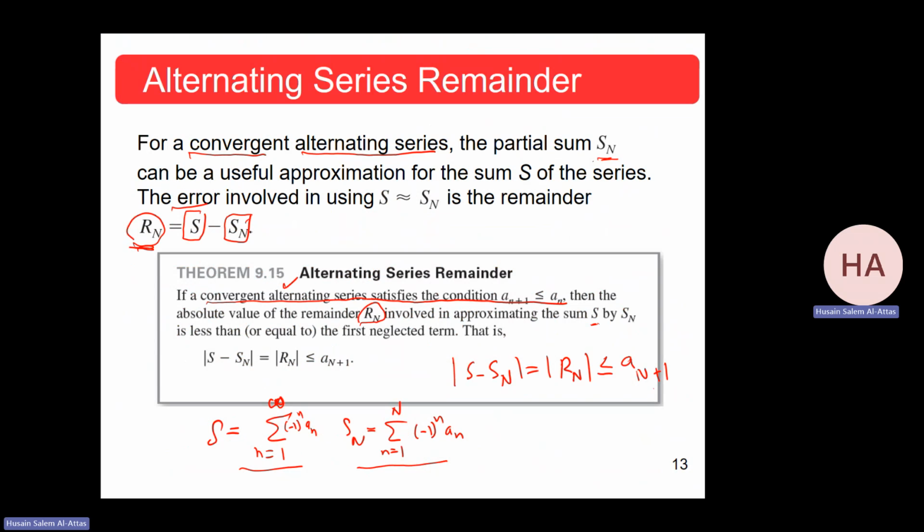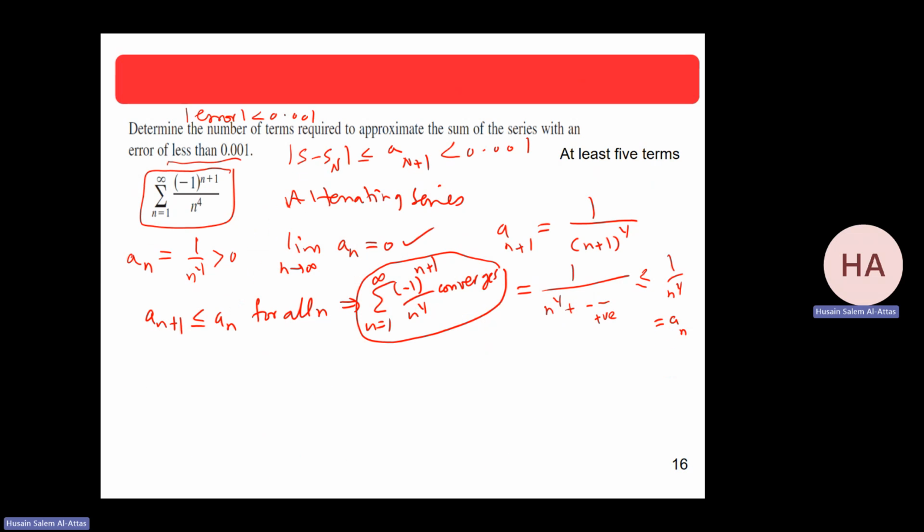As this is a convergent alternating series, I have this relation. As I said, S minus capital S N will be less than A n plus 1. This is the rule. I want this to be less than 0.001. What is A n plus 1?